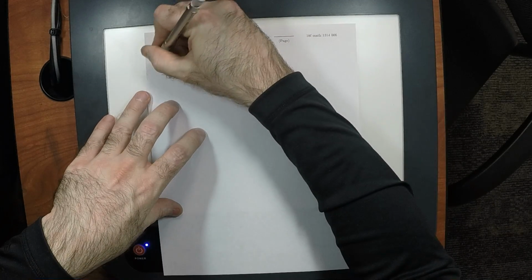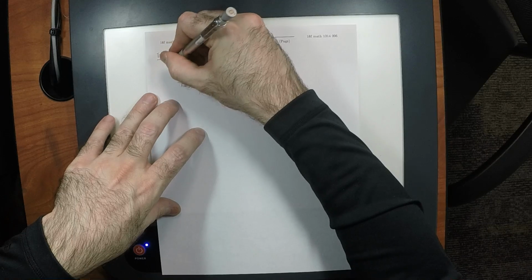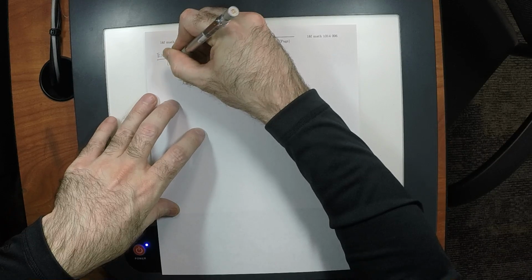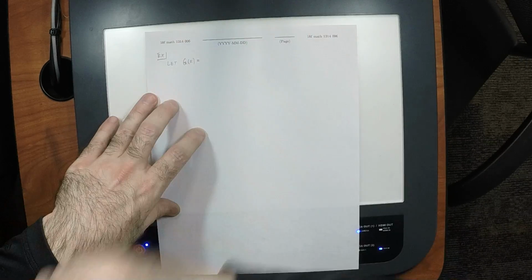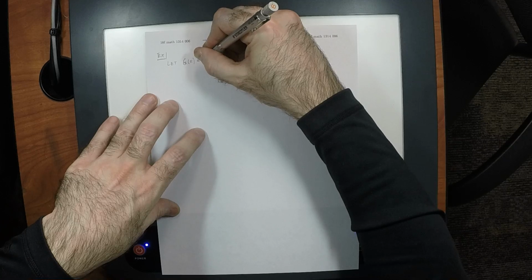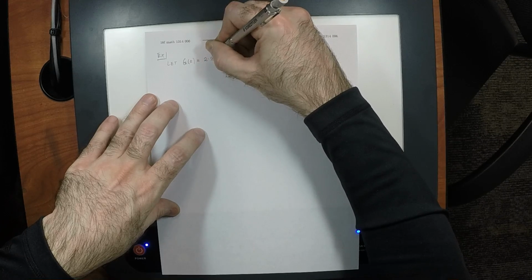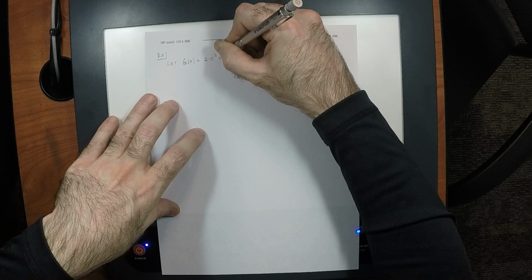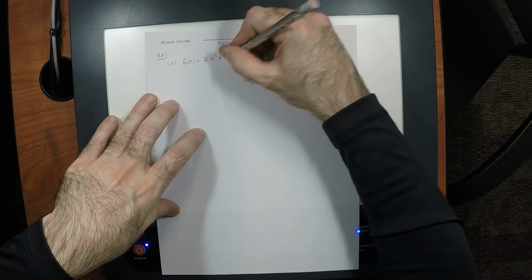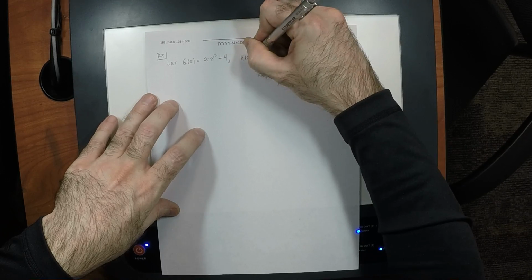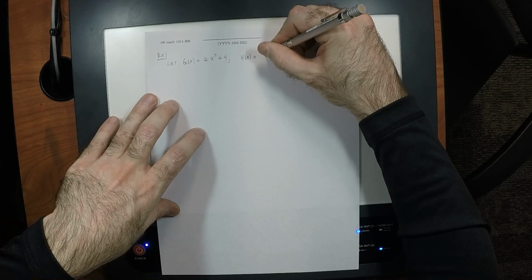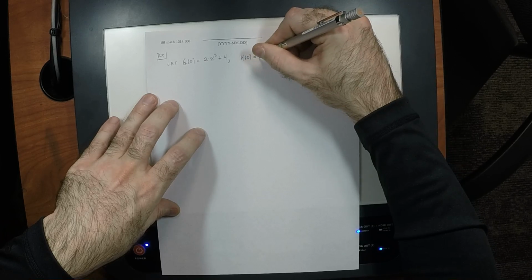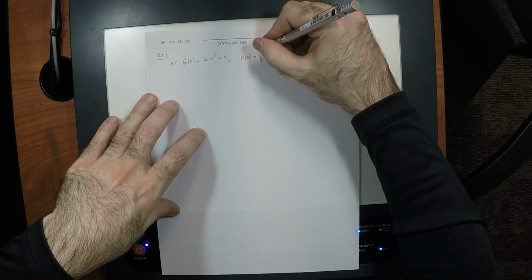All right, so to that end, suppose that we say the following. Let g of x be 2x cubed plus 4, and let h of x be x minus 4 divided by 2, all of that inside of a cube root.